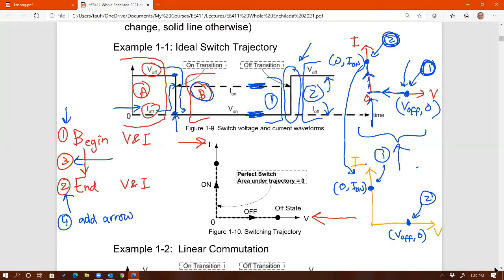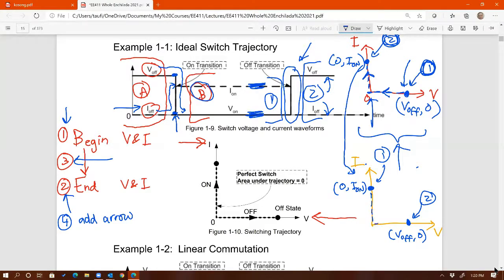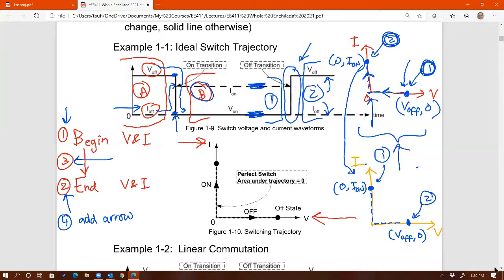As you can see, just like before, we have current and voltage that is instantaneously changing, right? From I on to 0, and then from 0 to V off. So again, use dash lines to signify that the transition is instantaneous.